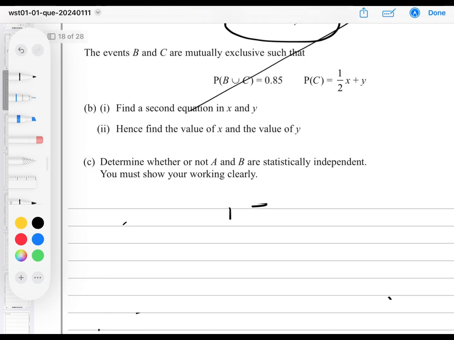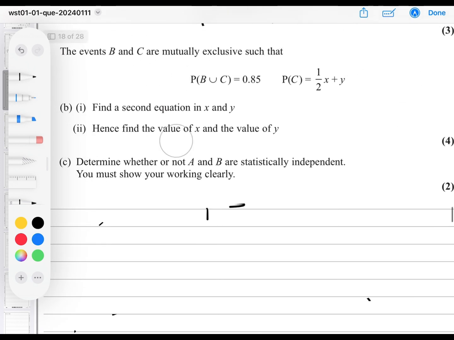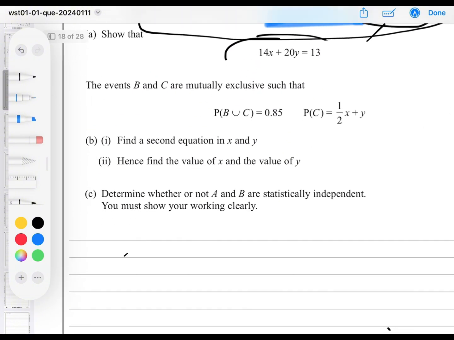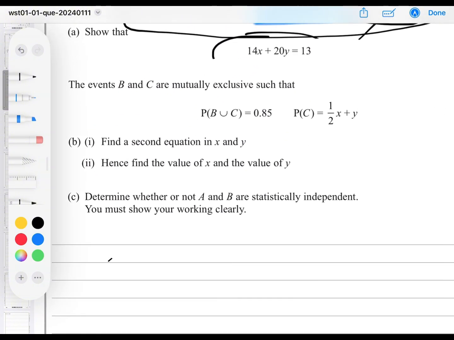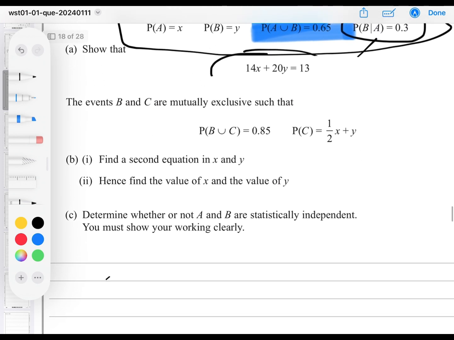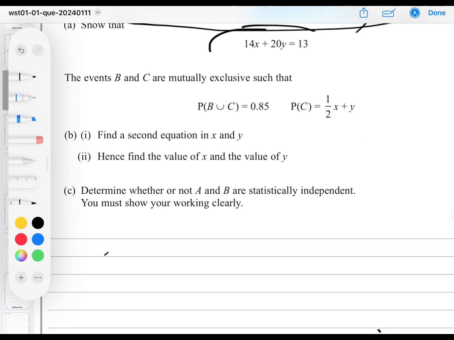Okay. So the next part is they are saying that events B and C are mutually exclusive, such that the probability of B union C is 0.85 and the probability of C is 1/2 x plus y. Find a second equation in x and y.